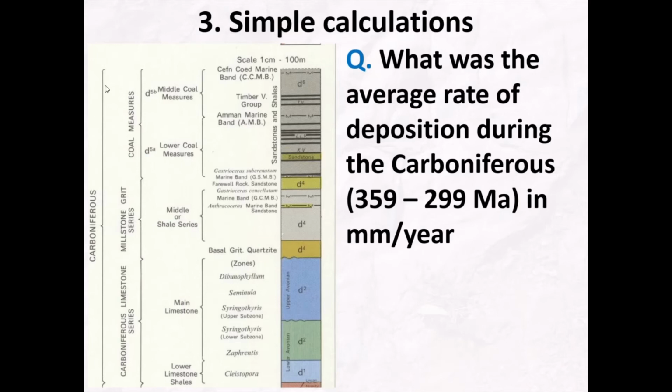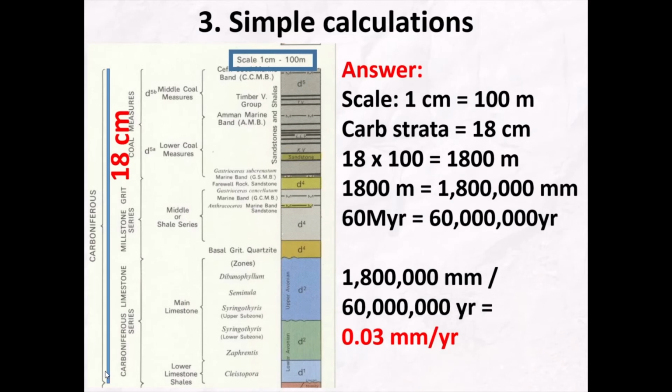Well, we can see that the Carboniferous rocks have a length of 18 centimeters on our stratigraphic column, which when we multiply it by our scale factor that says that 1 centimeter is 100 meters, that 18 centimeters becomes 1800 meters, which is the same as 1.8 million millimeters.